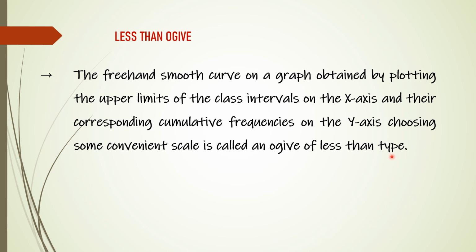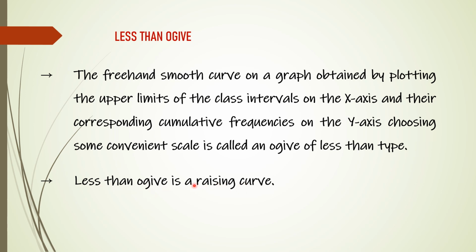Very importantly, we should remember what we have taken on the x-axis and what on the y-axis. In the case of less than type, we take upper limits on the x-axis, whereas on the y-axis we take the respective cumulative frequencies. Therefore, this type of curve is called an OGIVE of less than type, or simply a less than OGIVE. A less than OGIVE is a rising curve.